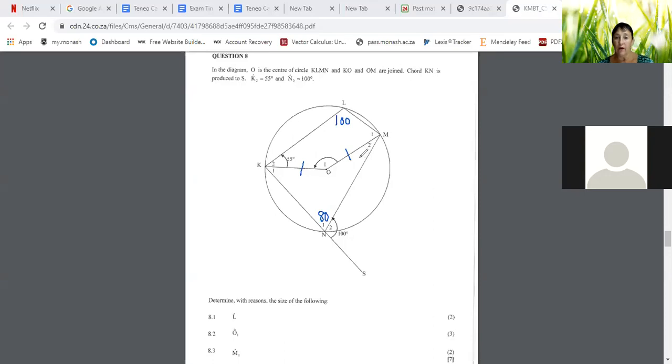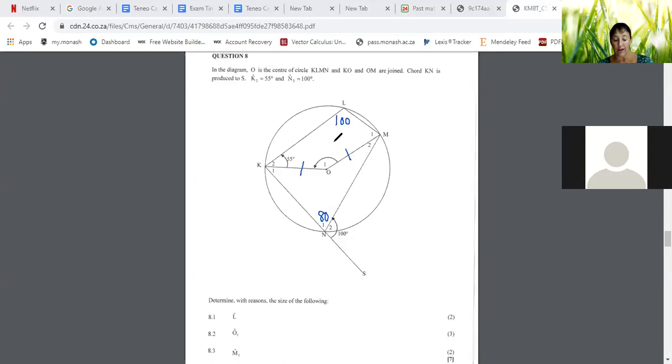All right. Okay, super. And now we need to find angle O1. Any suggestions? So remember, think of all your theorems, right? There's a center.